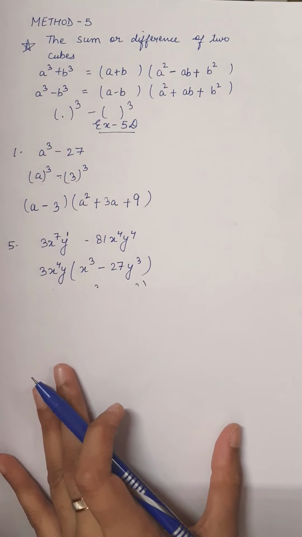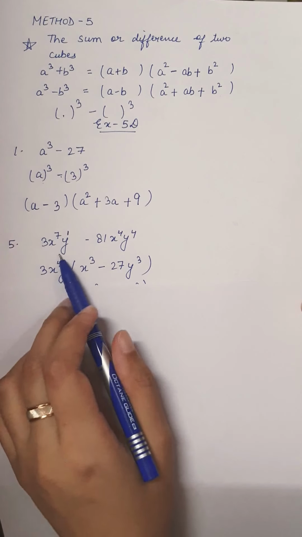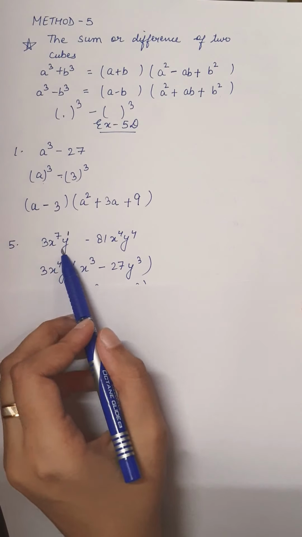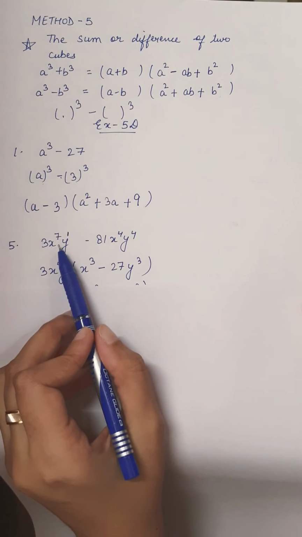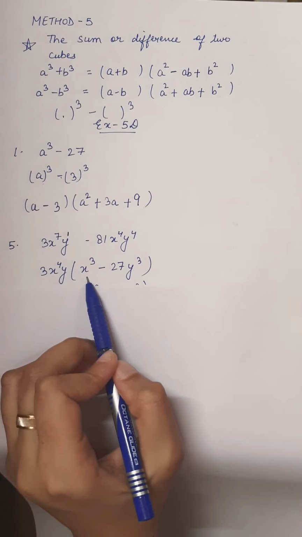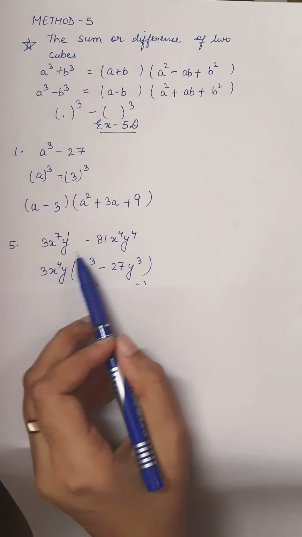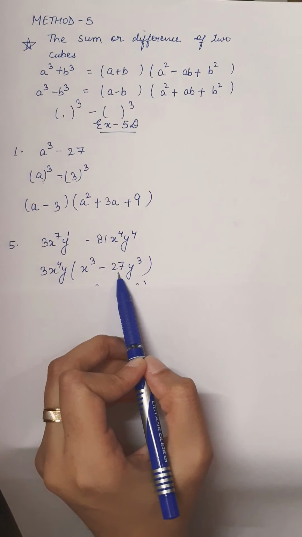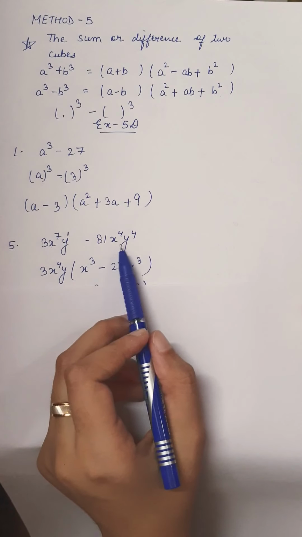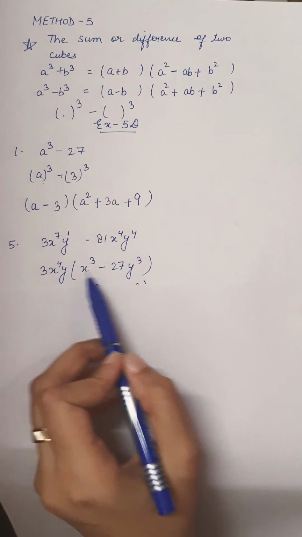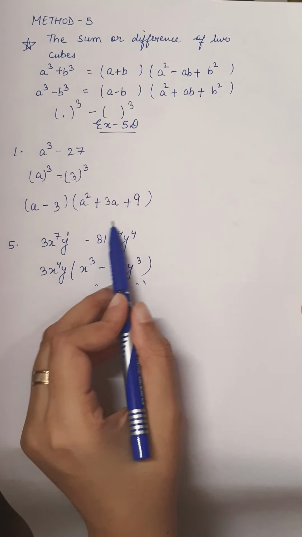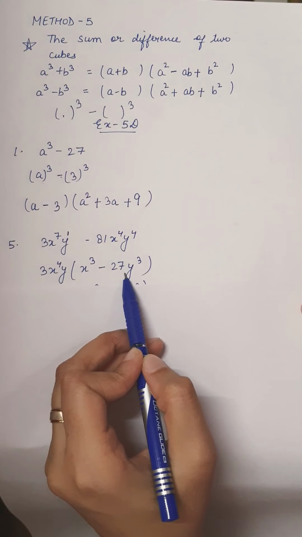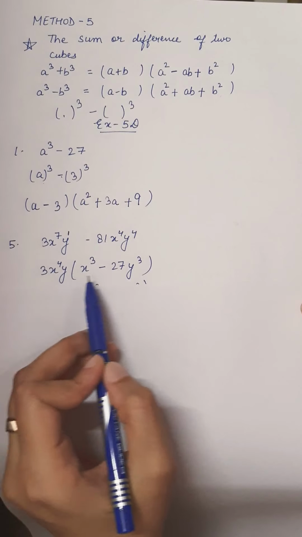So after taking common, 3x4y, here I am left with 3 already taken, y taken, and 3x are left. And here 81 divided by 3, 27, x4 completely taken, y1 we have taken, so 3 are left here. This is how we see. Generally we divide this by this to write here.